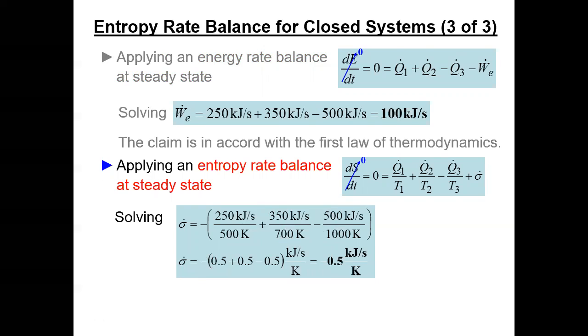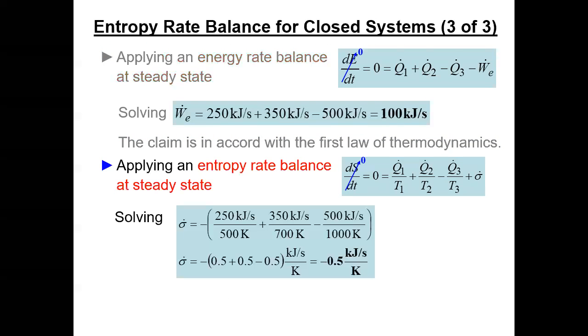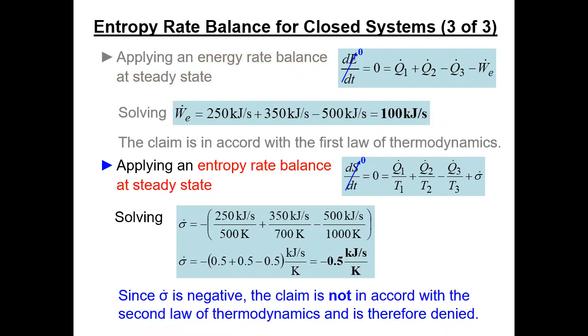So entropy is being destroyed inside his apparatus, and we know that's not possible. Since sigma is negative, the claim is not in accord with the second law of thermodynamics and is therefore denied. So send him back to his garage. Say, I don't believe this one. You got to bring me another one, and I'll evaluate that one.